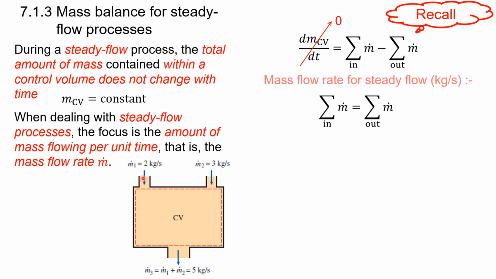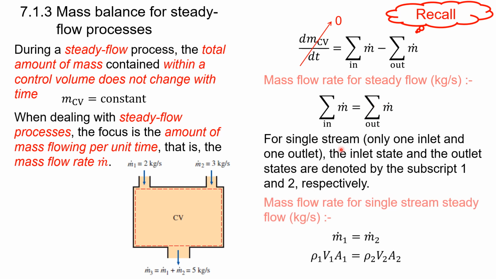Similar to here: m1 dot is 2 kg per second, m2 dot is 3 kg per second, so you mix them and you get 5 kg per second. That fulfills this formula.